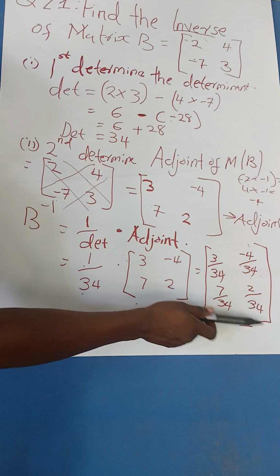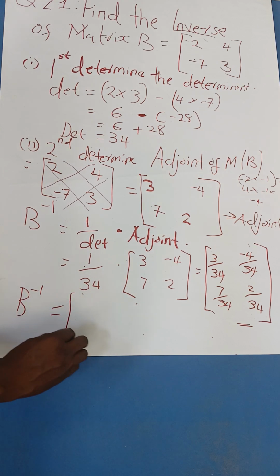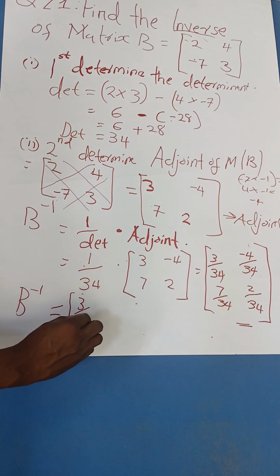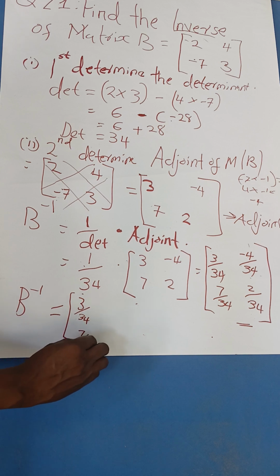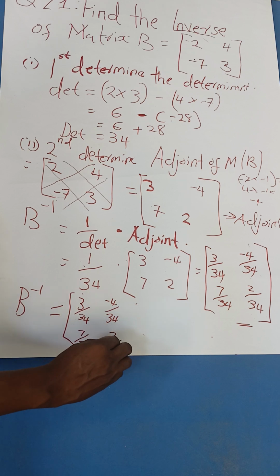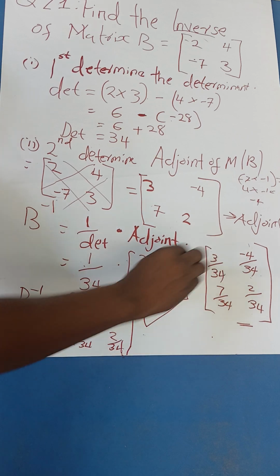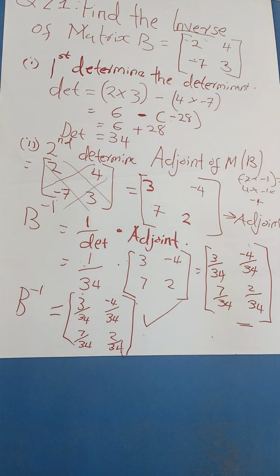But even if you write this and say my inverse B is equal to 3 over 34, 7 over 34, negative 4 over 34, then 2 over 34, you have your mark, and you're good to go. So that is how we determine, for a 2 by 2 matrix, the determinant, the inverse, and the adjoint.